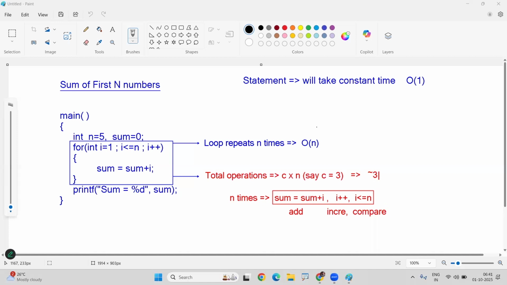It's not n, it's 3n. Big O notation is big O of n, while tilde notation is tilde of 3n. That constant representation we are writing clearly. Hope you got it.